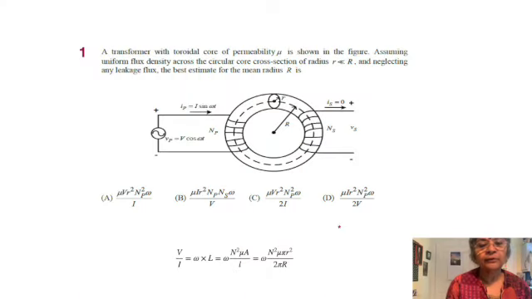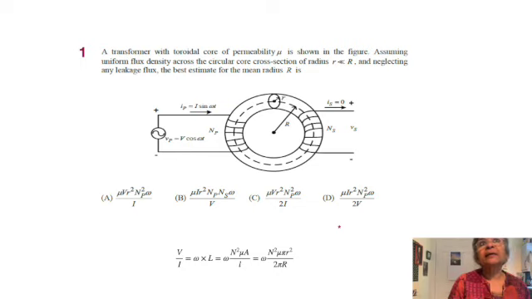And then when you are talking about the length, let's now read the question. A transformer with toroidal core of permeability mu is shown in the figure, assuming uniform flux density across the circular core cross section of radius r less than R, that is the radius of the core is smaller than its structural radius, which is capital R, and neglecting any leakage flux.